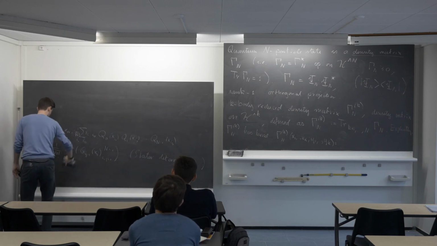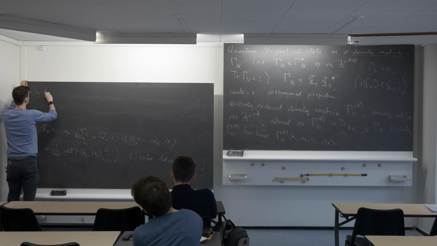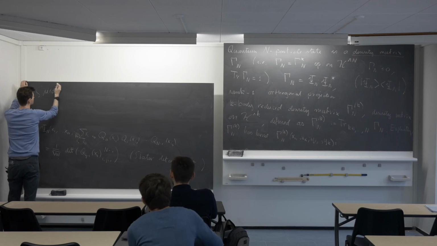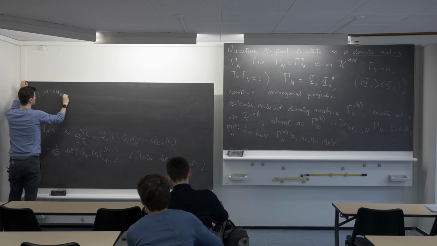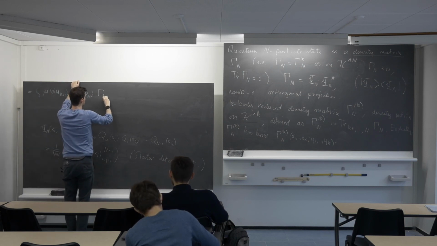You have to integrate out u_{k+1}, ..., du_n, and then I have gamma n.